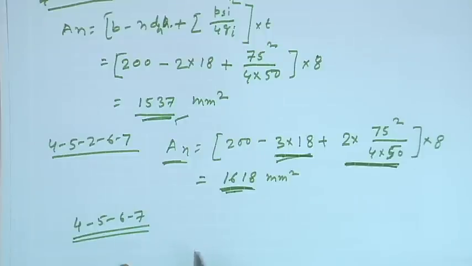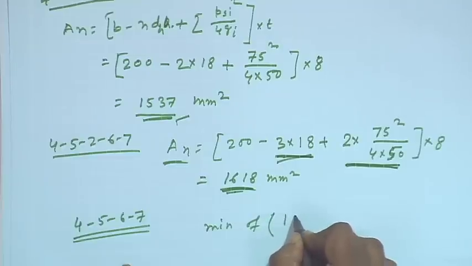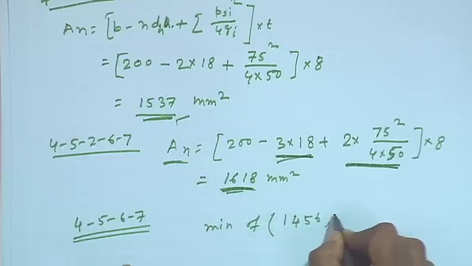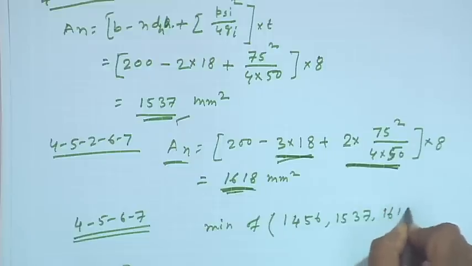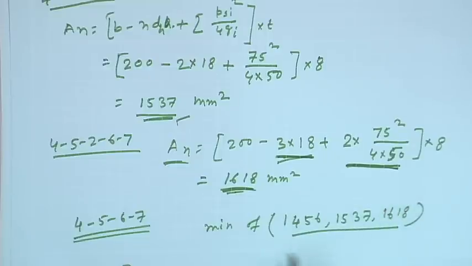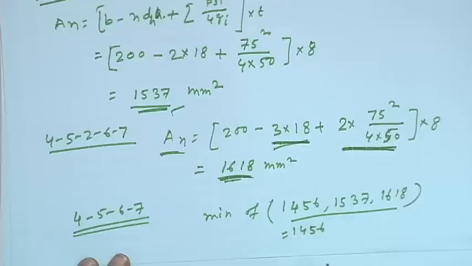So, what we could see, the net sectional area we are getting minimum of, one we got 1456, then we get 1537 and then 1618. So, minimum of this is 1456, and 1456 happened in case of failure of 1 2 3.